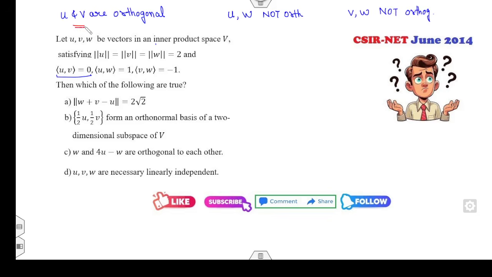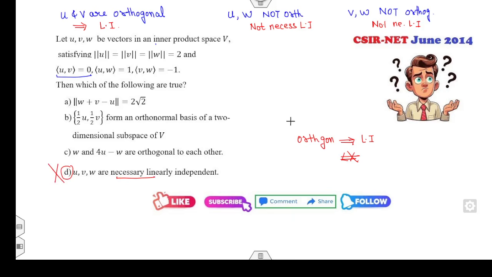U and V are orthogonal, that means they are linearly independent. Then it is not necessary for all to be linearly independent, because, as I mentioned, orthogonal implies linearly independent, but the converse need not be true. Again, they are not necessarily linearly independent. So look at that: U, V and W are necessarily linearly independent. That's a wrong option. Fine.